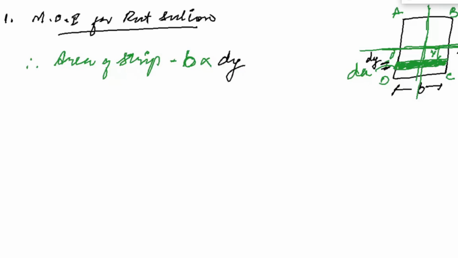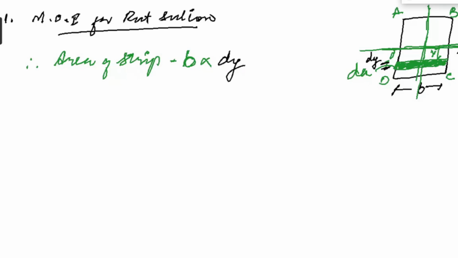If I have calculated the area of the strip, then we also know the moment of the strip about the x-axis. That will be simply given by area multiplied by the square of the distance from that x-axis. How much is that? That is y square.